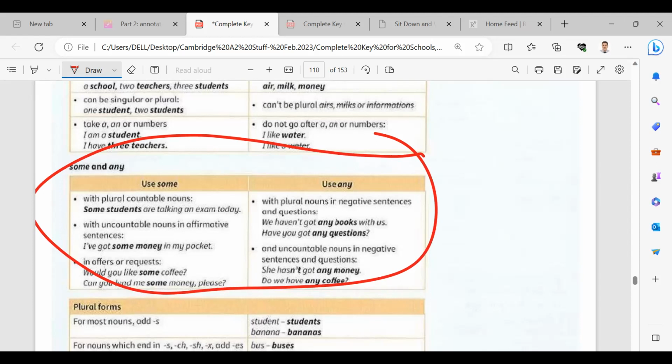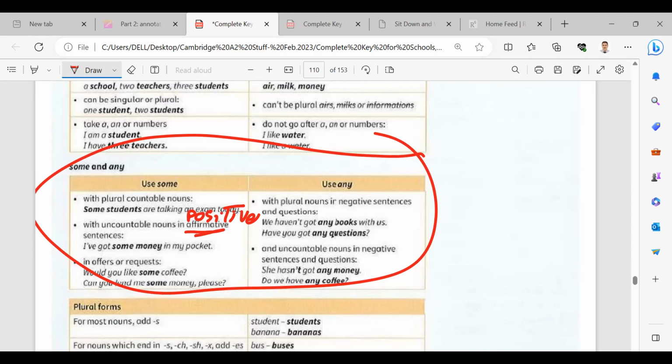With uncountable nouns, in affirmative sentences. Affirmative means positive, the sentence is affirmative. I've got some money in my pocket. Also, we use it in offers or requests. Would you like some coffee? Can you lend me some money, please?